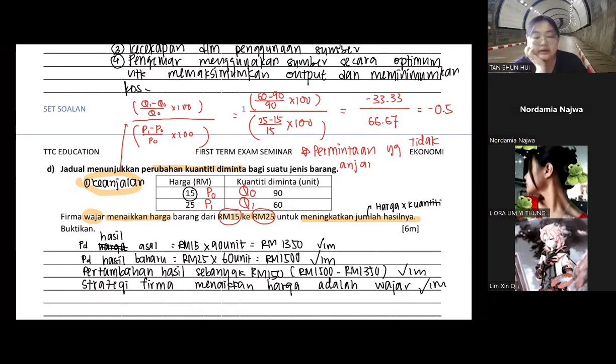So you calculate already, 2 marks here in total, and then you tell me tidak anjal, 3 marks. After that, of course, you can also tell me because of what: perubahan harga. But there is not enough space at all.